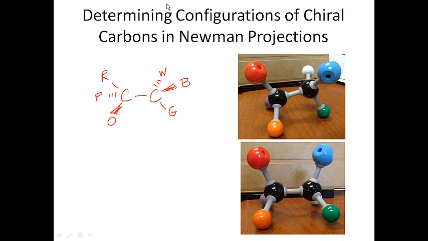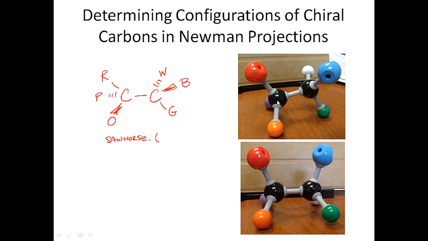So this is what's typically called a sawhorse representation of an alkane. And this would actually correspond to, if we went back and thought about staggered and eclipsed conformations, if you look down this carbon-carbon bond, which one would it be?